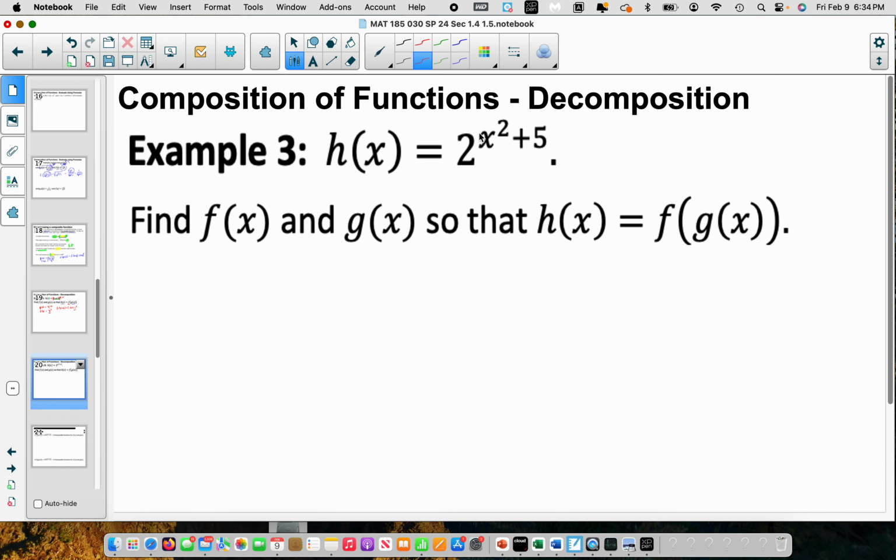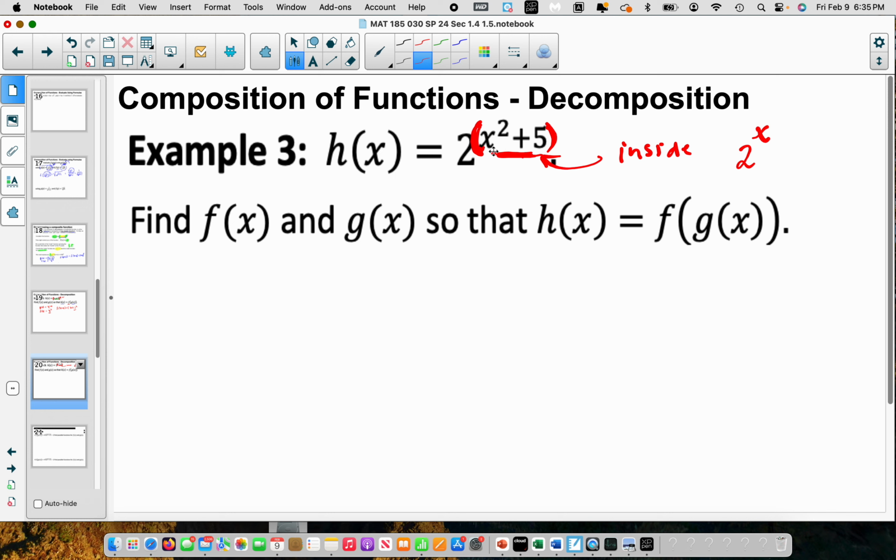Another way that you can identify a composition of functions is if you have an exponent. Even though there's not parentheses around here, this is really 2 raised to some power. If I write that exponent in parentheses, that's sort of a clue that that's my inside function. 2 raised to some power x would be my outside function, and instead of x, I'm raising it to this inside function.